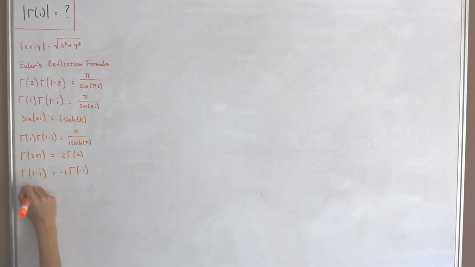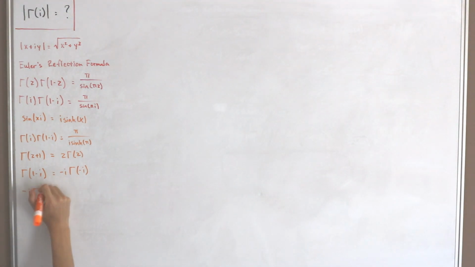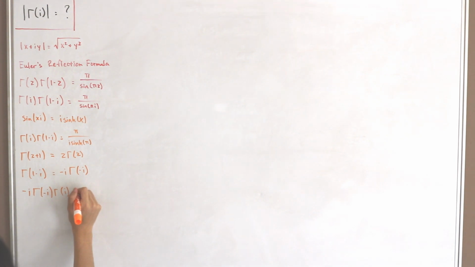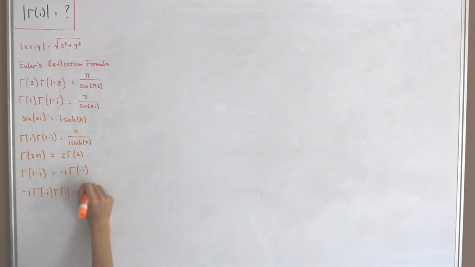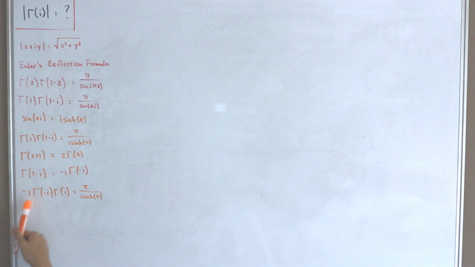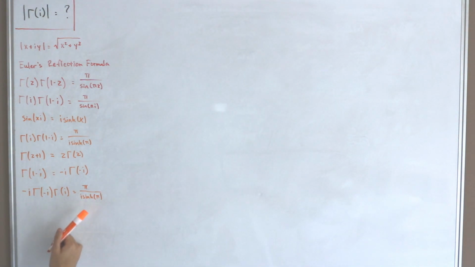So far we have the new derivation that negative i times gamma of negative i multiplied with gamma of i is just pi divided by i times the hyperbolic sine of pi. We have a negative i on the left side, so I can divide both sides by negative i.